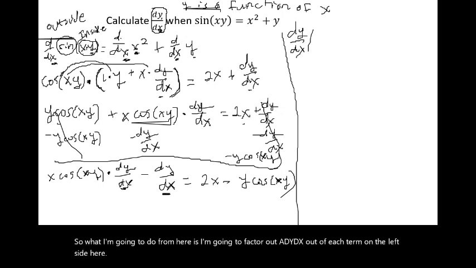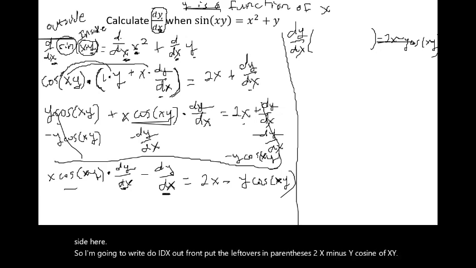I'm going to write dy/dx out front and put the leftovers in parentheses. When I remove a dy/dx from the first term, I'm left with x cosine of xy. When I remove the dy/dx from the second term, I'm left with minus 1. The right side stays 2x minus y cosine of xy.